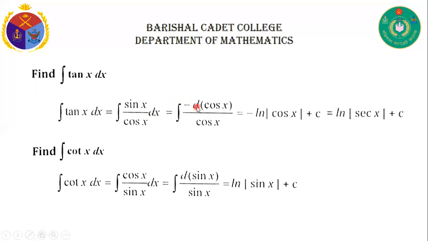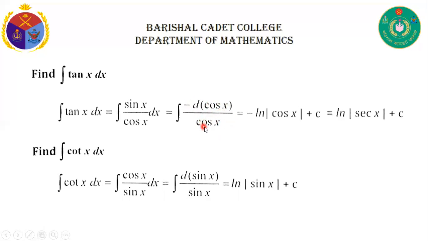Like we say f of x and the differentiation of f of x is f prime x, in integration we can write f of x and f prime x, d of cos x. Boys, did you understand this? I hope you all understood.